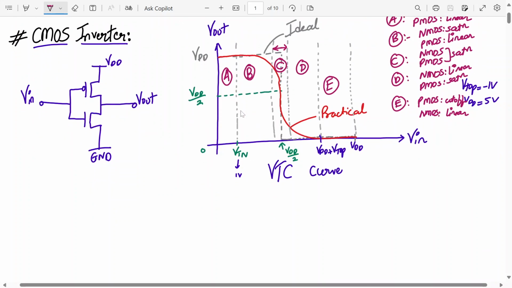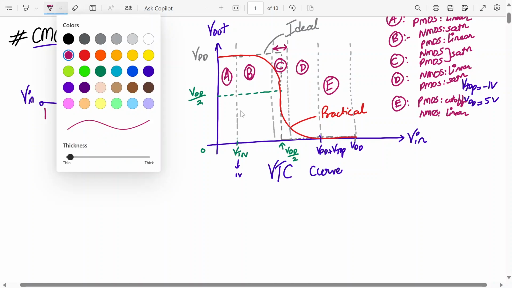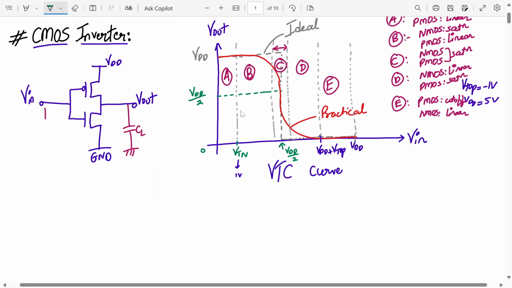Now, this is the CMOS inverter, so we have a capacitive load like this. This is my capacitor. Whenever the input is 1, the capacitor discharges via the NMOS transistor, and whenever the input is 0, the PMOS is on and the capacitor charges towards VDD. So you can see the direction of the current.